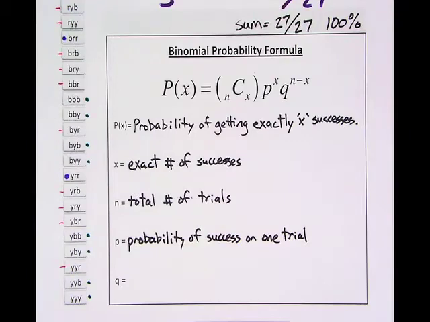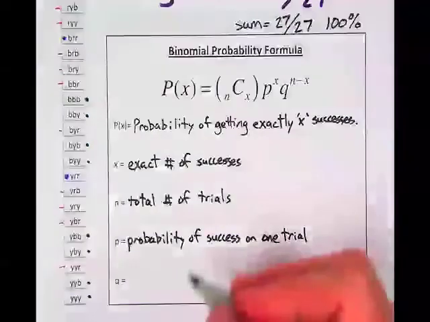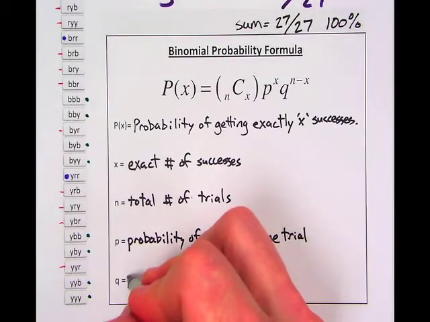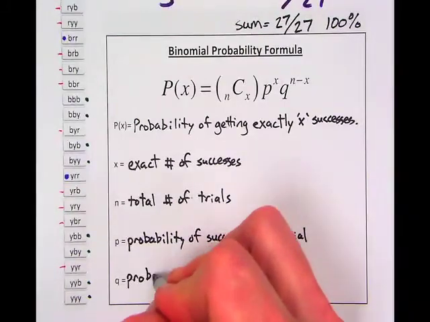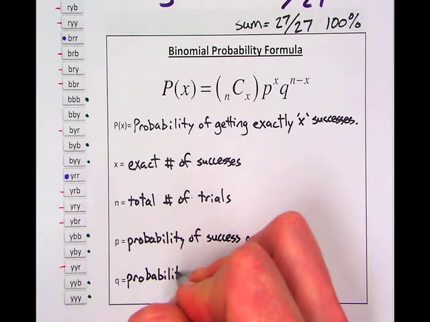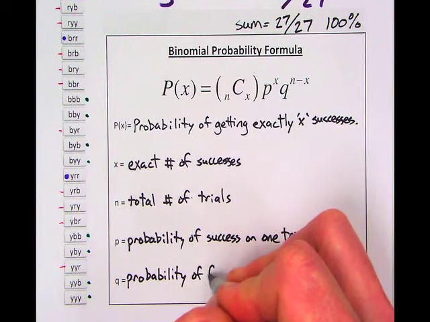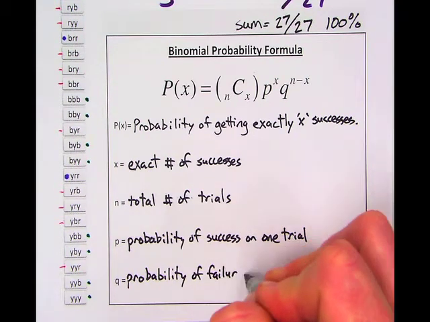And then q is the probability of failure on one trial.